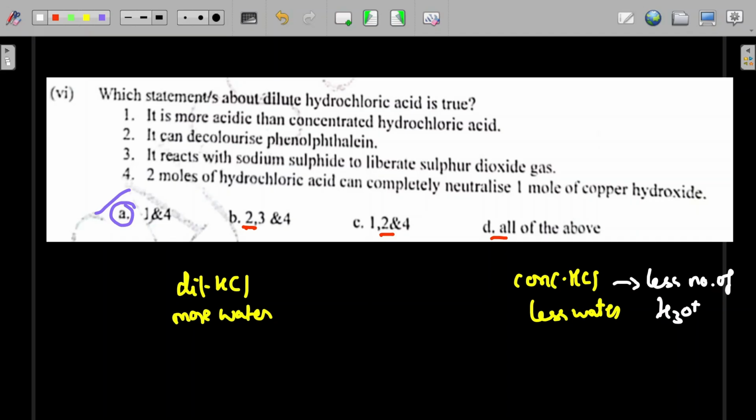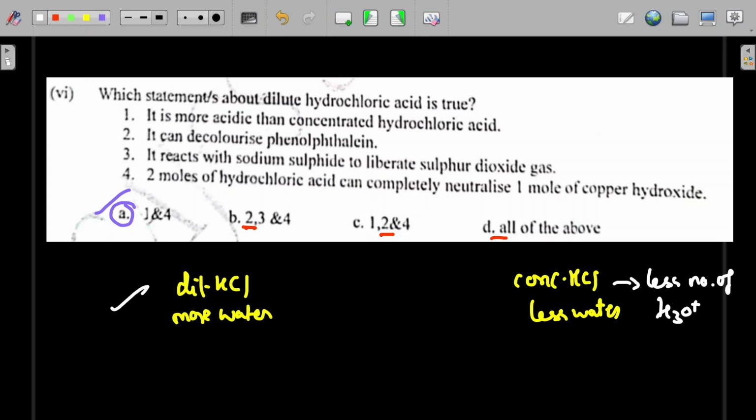So fewer hydronium ions means it is not a good acid. It may behave as something else, but which one is the good acid among these two? Dilute HCl, because it has more hydronium ions.